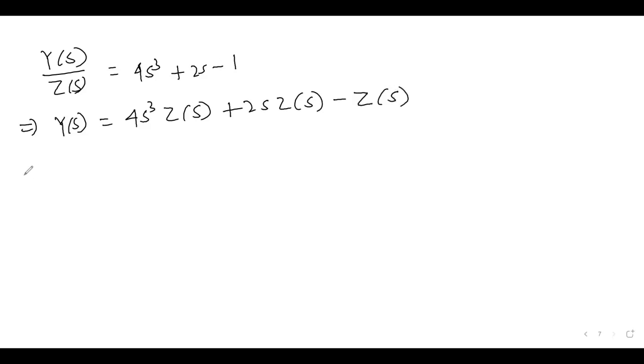Taking inverse Laplace transform, we have y, that is the output, is equal to 4 times the third derivative of z plus 2 times the first derivative of z minus z.